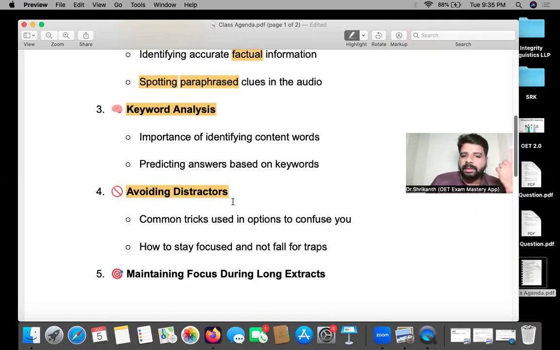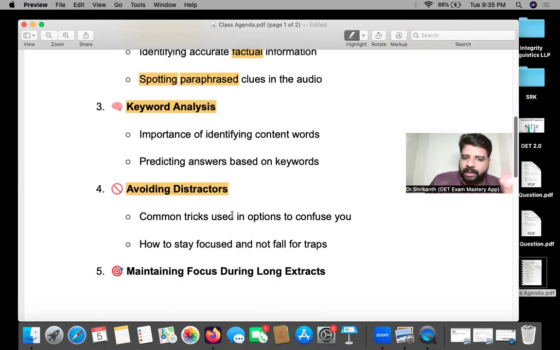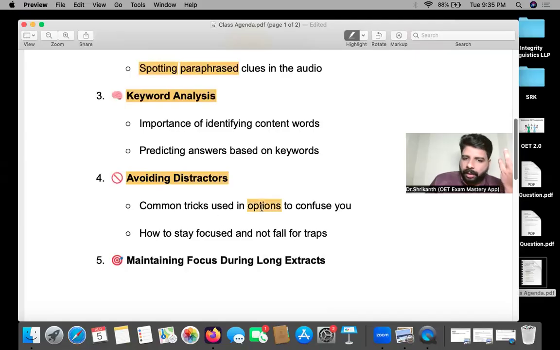This will help you eliminate the incorrect answer options that are just trying to confuse you, and also to stay focused and not fall for the traps. Distractors are basically traps, and we should be very careful to not fall for them.